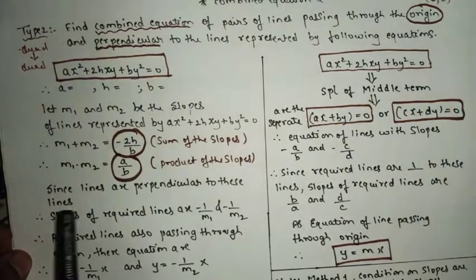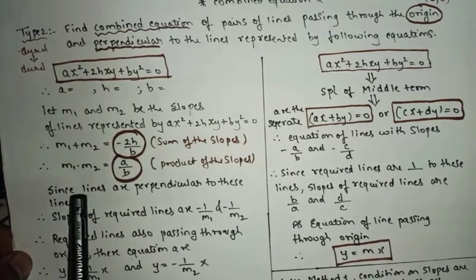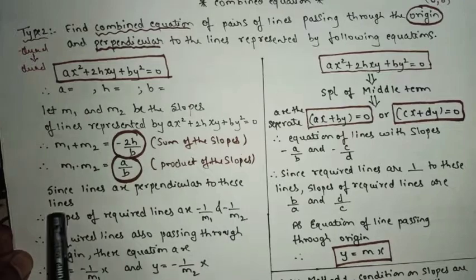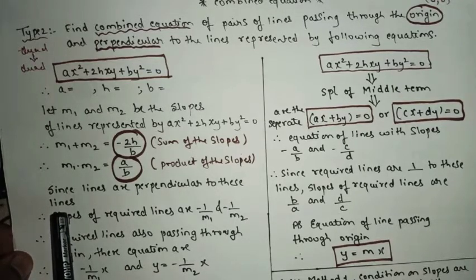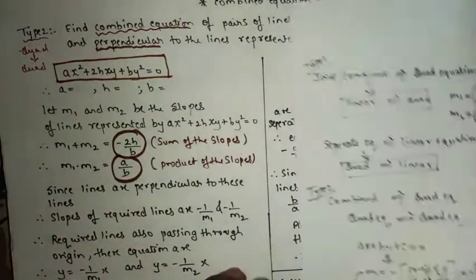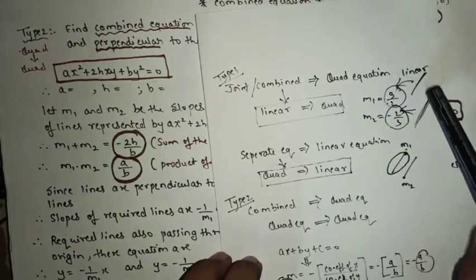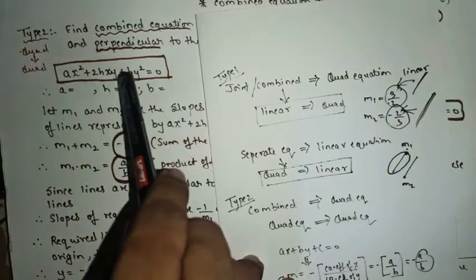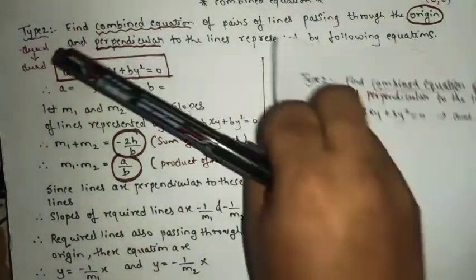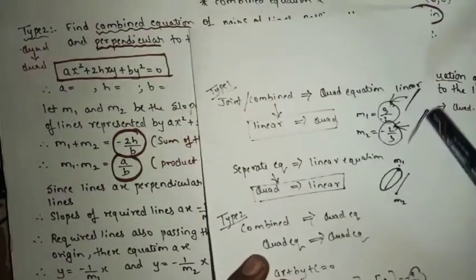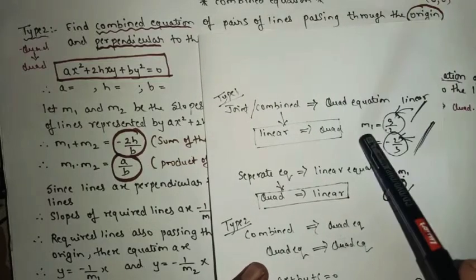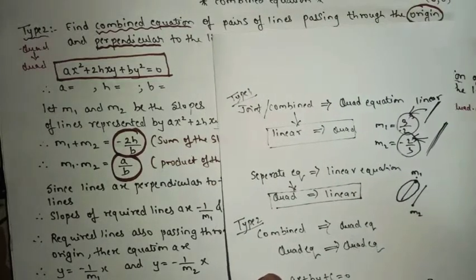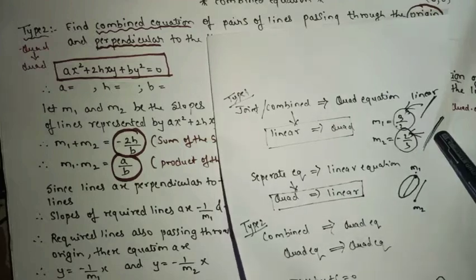After that, since the required lines are perpendicular to these lines, these are the required lines which are perpendicular to the given equation. As we have two unknown lines whose slopes are m1 and m2, the required lines are perpendicular.